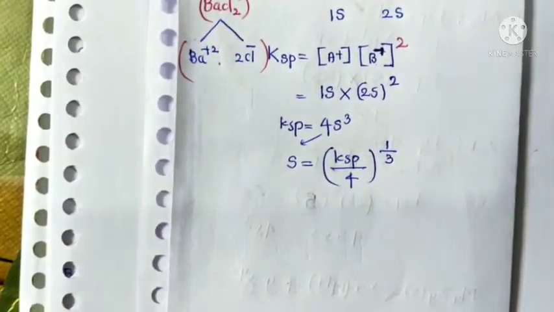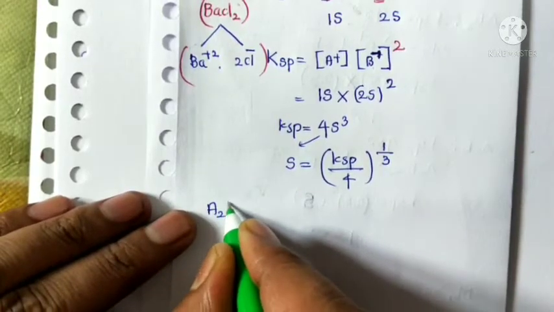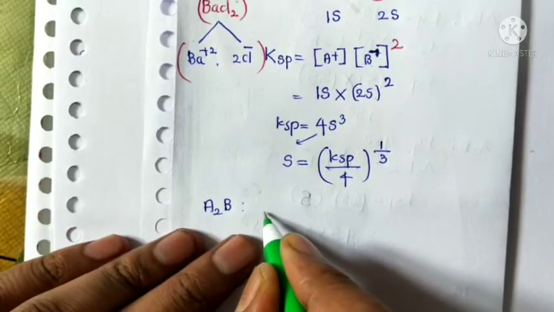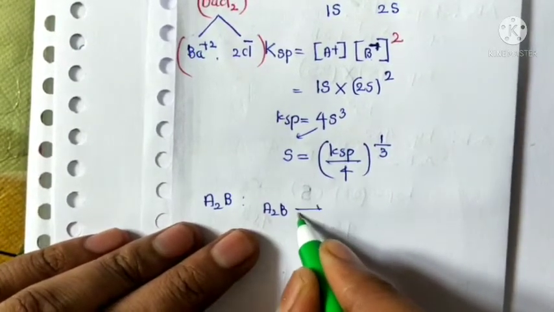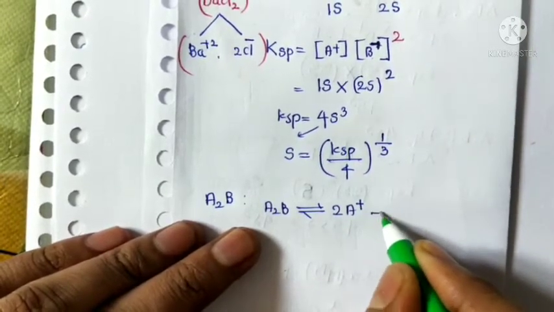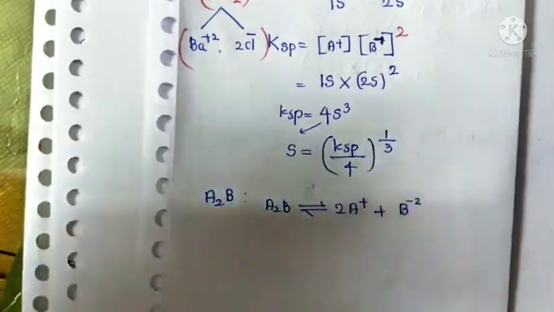Next, another type, that is A2B type salt. So here A2B dissociates into 2 cations plus 1 minus 2 anion.